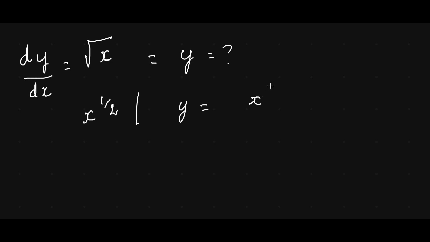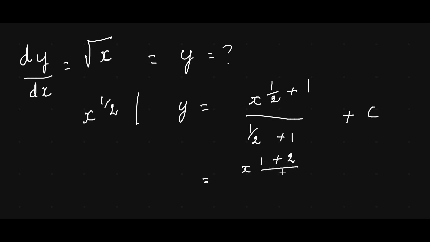So that is x to the power of 1 by 2 plus 1, divided by 1 by 2 plus 1, plus c. Now x to the power of half plus 1, you will do like x to the power of 1 plus 2 divided by 2, divided by the same thing, 1 plus 2 divided by 2, which is 3 by 2, plus c.